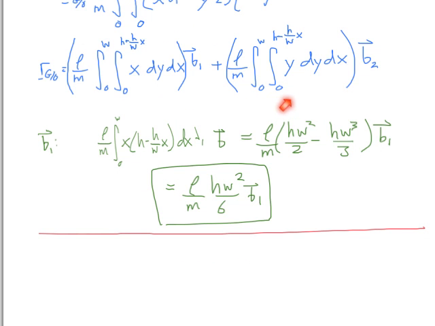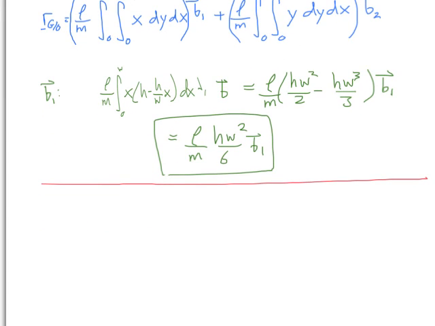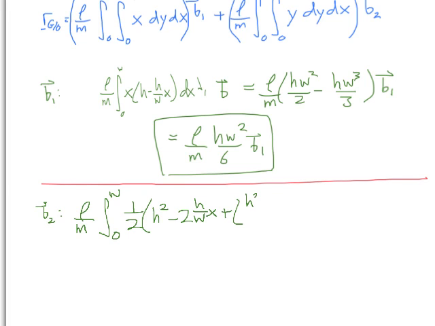And so now we evaluate the second double integral, which is in the b2 direction. When we integrate the inner integral, which is with respect to y, we get rho over m. We have to retain our integral from 0 to w, and then this is 1/2 multiplied times h squared minus 2h over w x plus the quantity h squared over w squared x squared dx in the b2 direction.